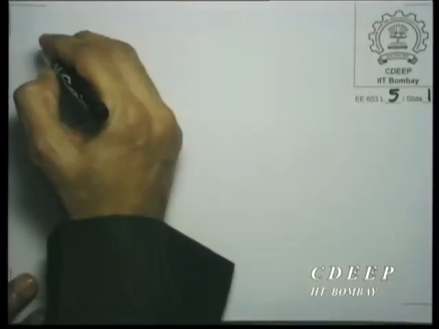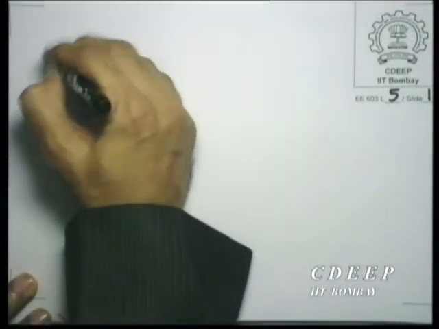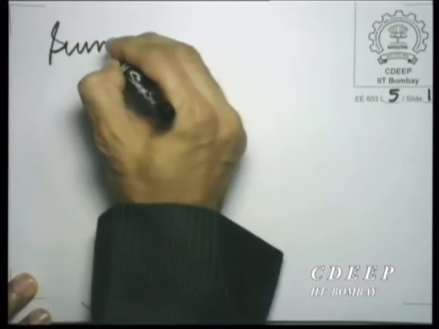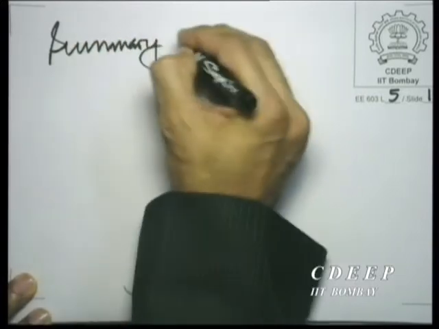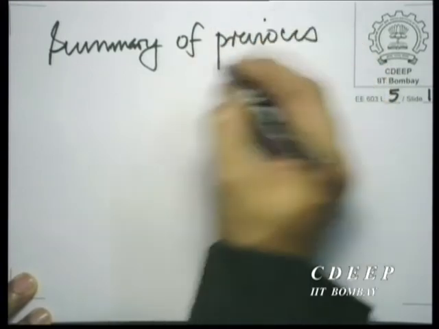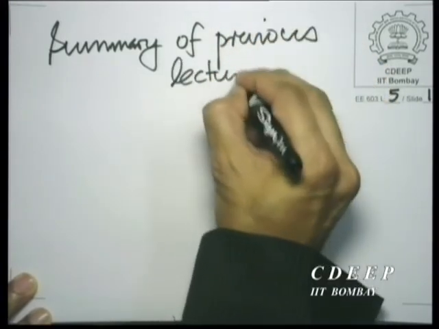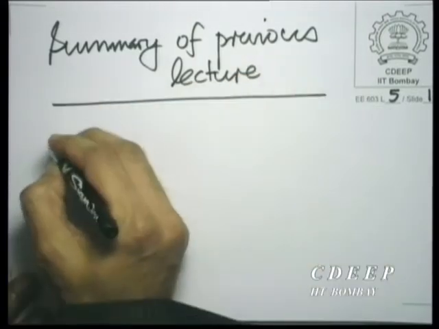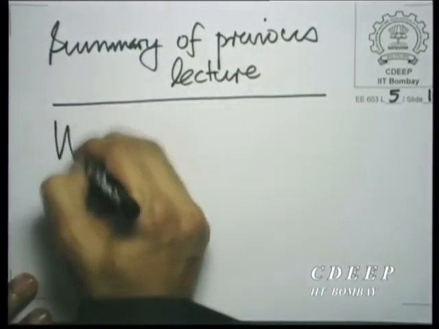So, this is a summary of the previous lecture. The theme was, what do we want from a system?